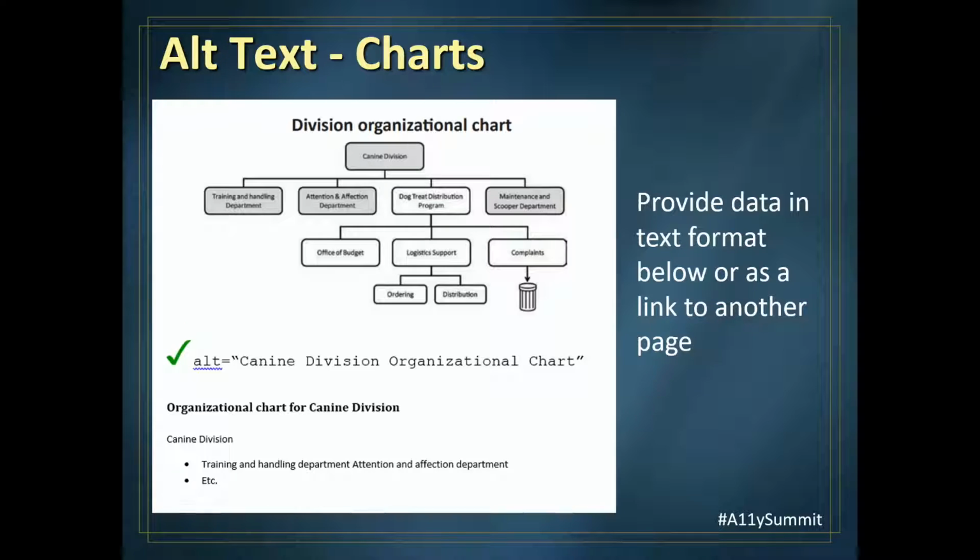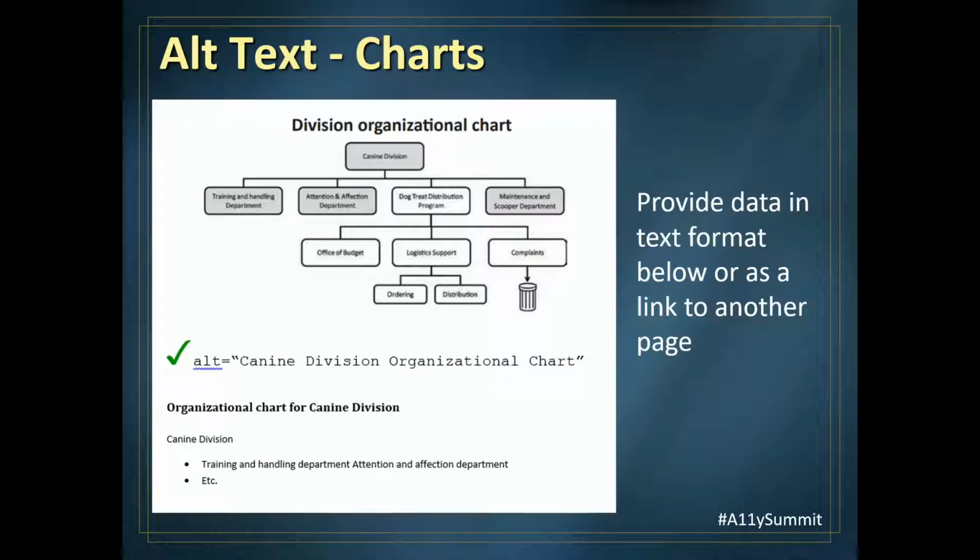So charts. Charts are somewhat complex. In this case, we have an organizational chart that's describing the hierarchy of a K-9 division. This is complex, and we're not going to be able to fit what's going on in the alt tag itself.